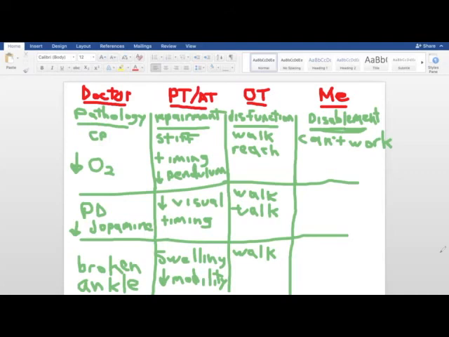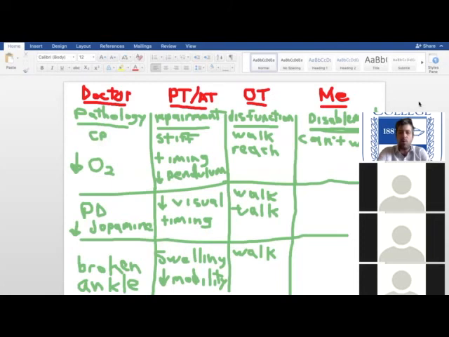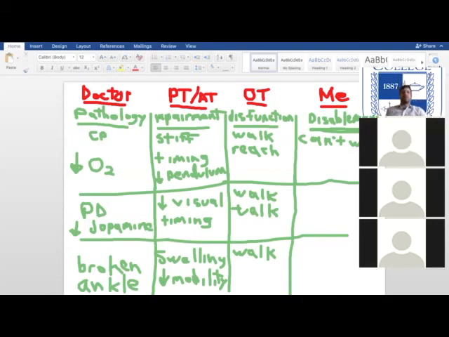So as you move forward into your careers, what I would suggest is think about what level of interaction you want, and what level of interaction is your willingness and your schooling going to allow you to function at.